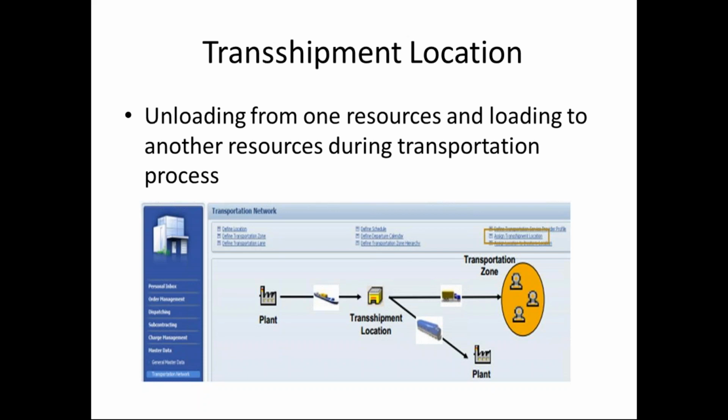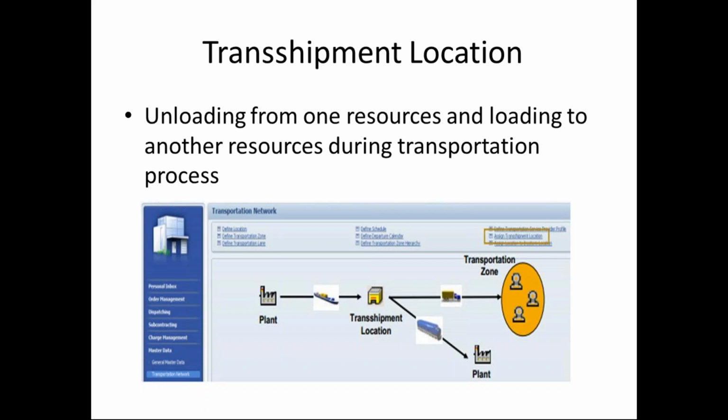For example, from Bangalore to Chennai it is sent via air cargo, but at the Chennai location it is unloaded from the air cargo and loaded into the ocean cargo. The place where the change of transportation mode has happened is called a transshipment location.